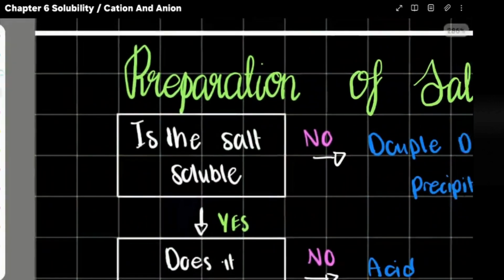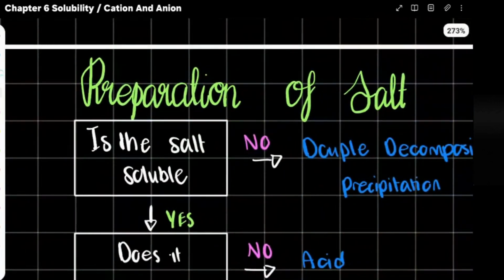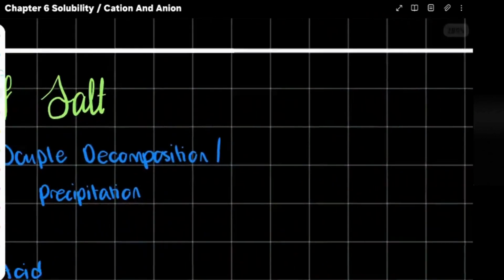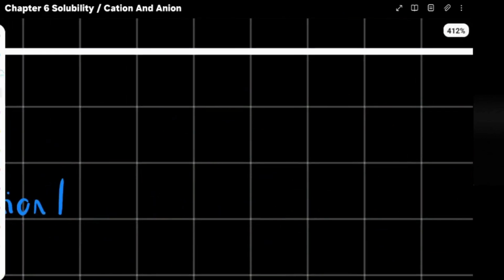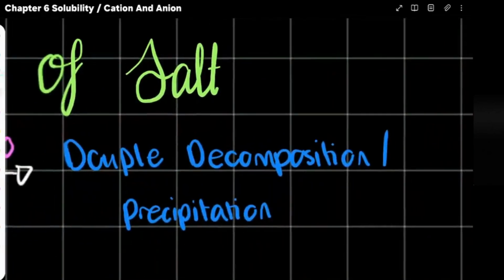Okay, so preparation of salt. We are trying to create the salt that we want. For example, they give you: prepare the salt barium chloride. So later on, you're going to know how to prepare the salt. If you want to create barium chloride, what do you have to do in your lab?